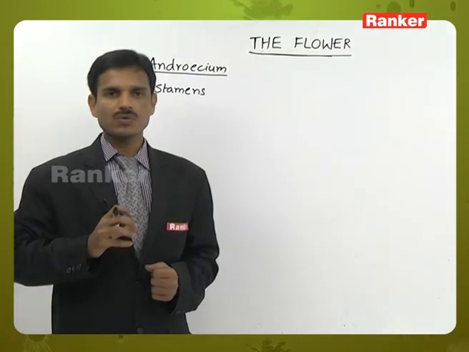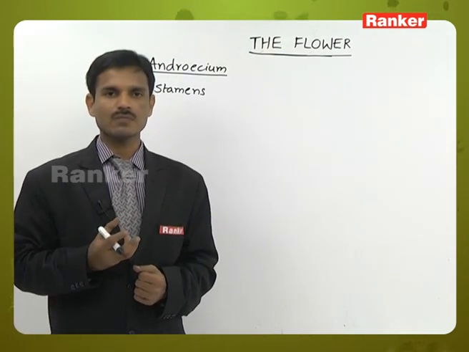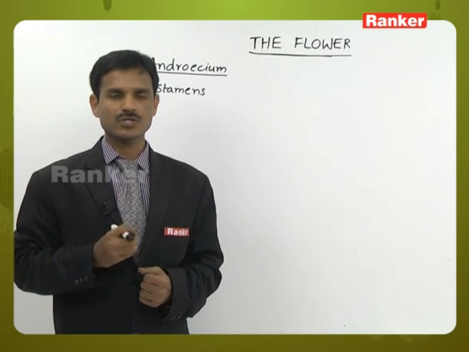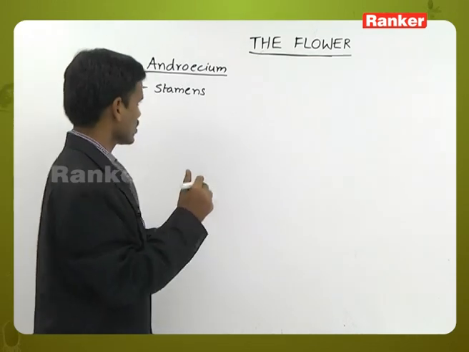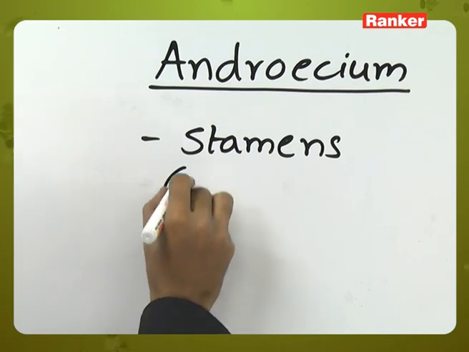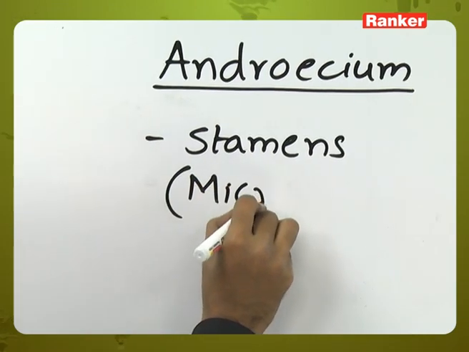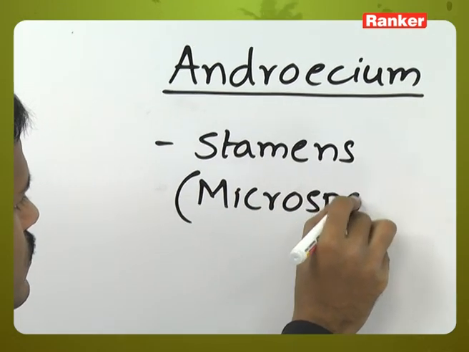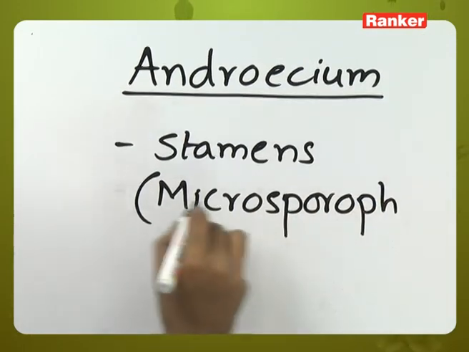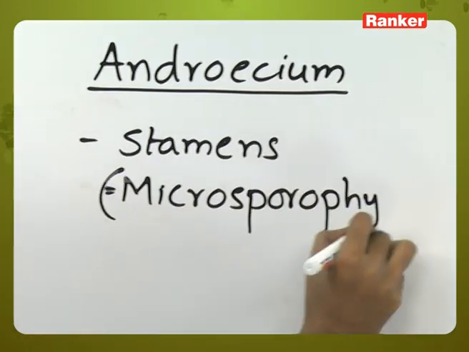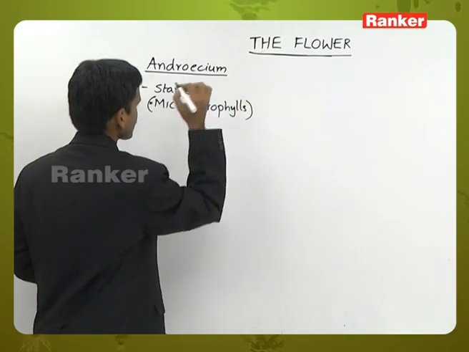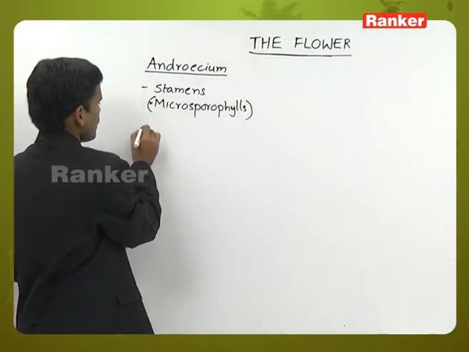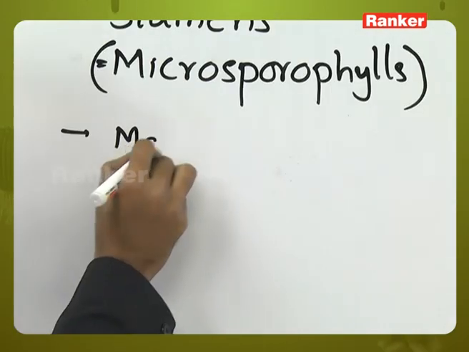Stamens are also floral leaves, modified floral leaves for reproduction. So, stamens are also called microsporophylls. So, these are the male reproductive organs.